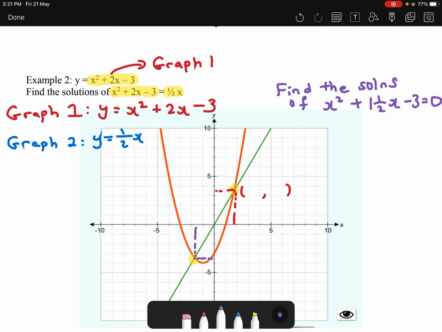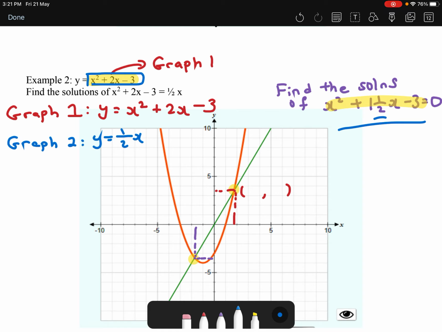You can see that this is totally different from graph 1. So how do we do this? We must make this equation back to something that we see right here, x squared plus 2x minus 3.